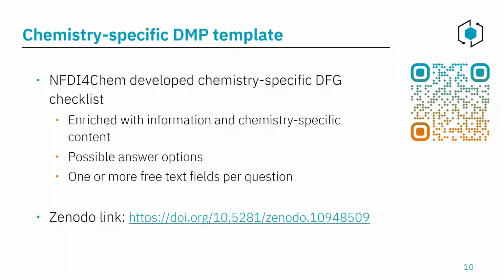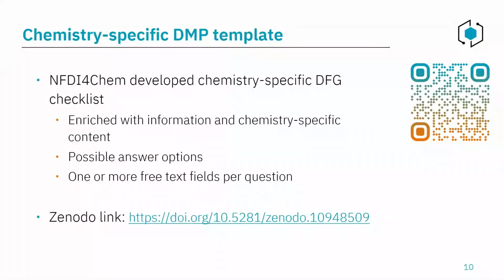And this checklist comes up with a couple of questions regarding research data management topics, but the questions are not always self-explanatory. And sometimes you do not have an idea what you can answer to all those questions. Therefore, we enriched this questionnaire with a lot of help text and further information, all in a chemistry-specific framework.